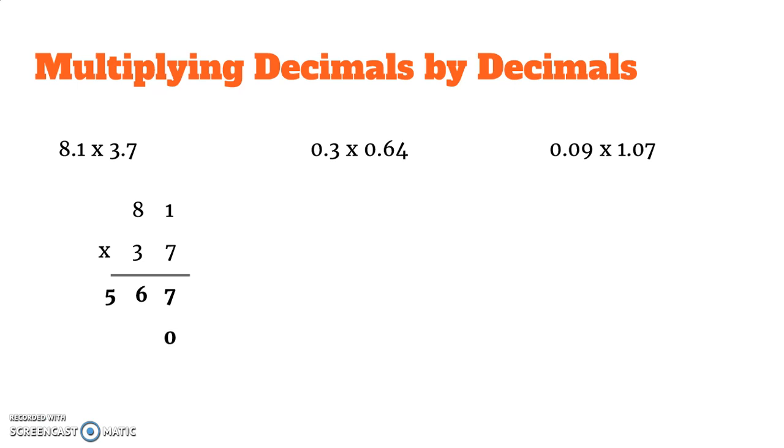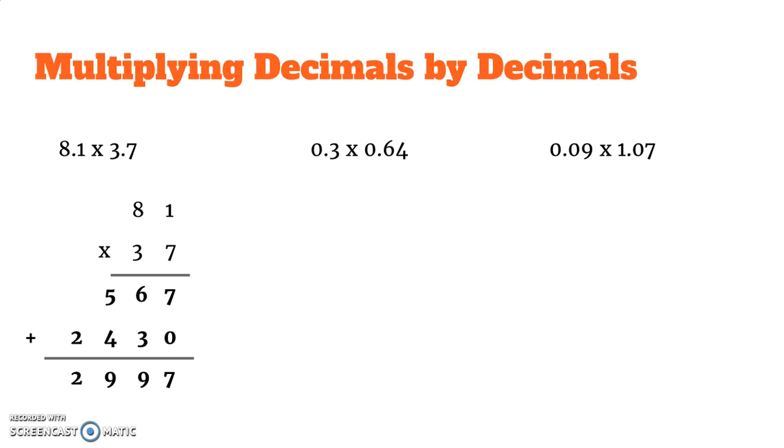Put my 0 down to keep the place. 3 times 1 is 3, and 3 times 8 is 24. Add my two partial products together. I have 7, 6 and 3 is 9, 5 and 4 is also 9, and then the 2. So I know the number part of my answer is going to be 2997.